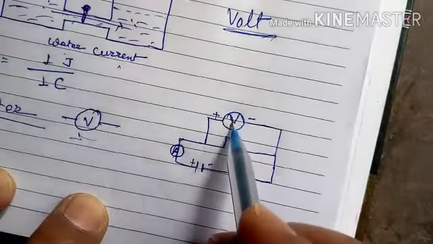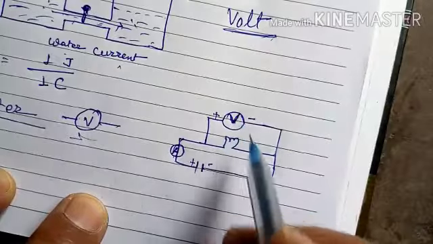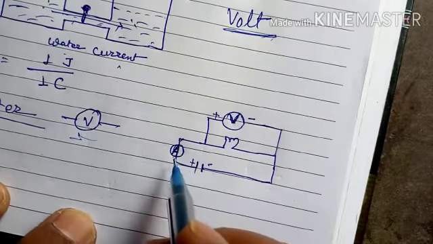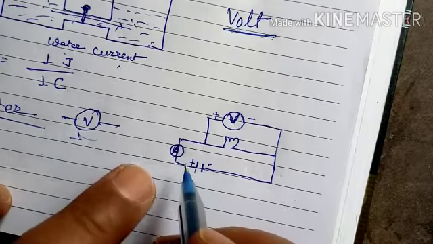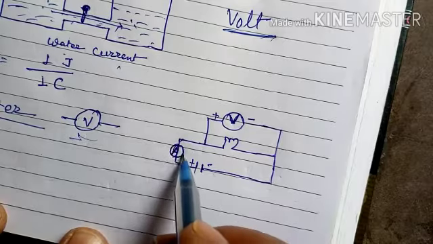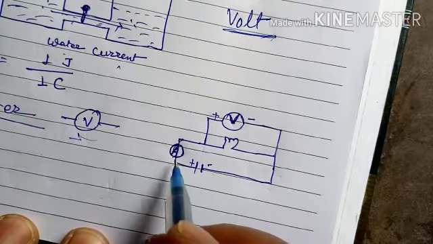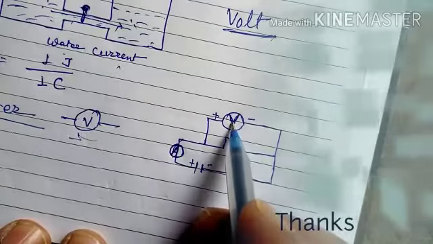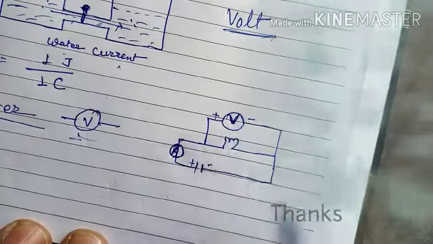We had discussed earlier the ammeter, which is used to measure the current. It is connected in series. So the ammeter is connected in series, whereas the voltmeter is connected in parallel.